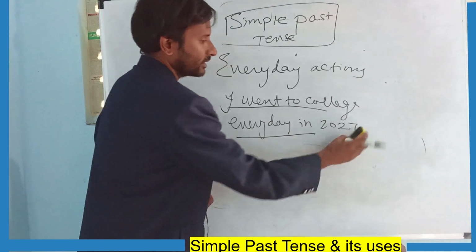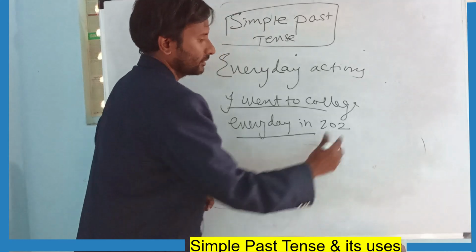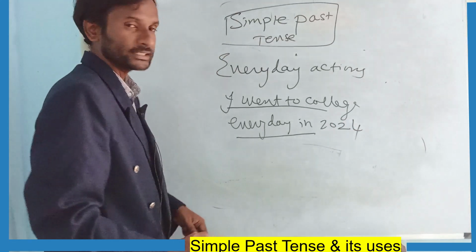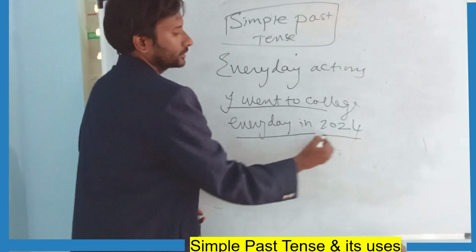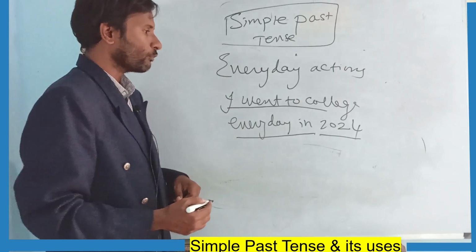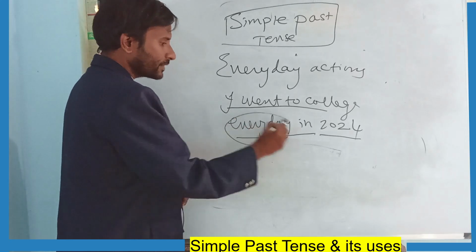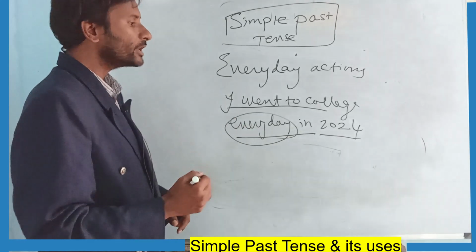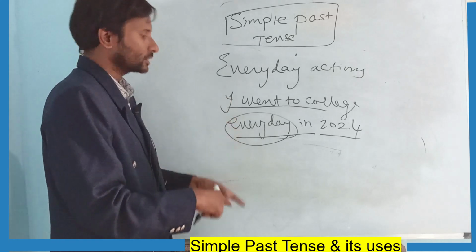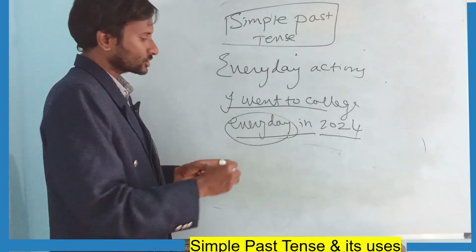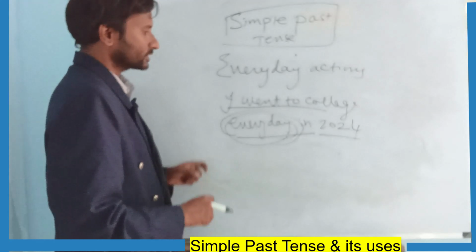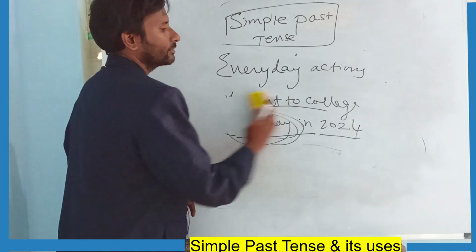If not 2027, you can also mention 2024. But if you are speaking in 2028, you can mention 2027. But 2024 is ideal. I went to college every day in 2024. So it is what? It is an everyday action. It's not a habit, it's not a regular action. It is one normal action that had taken place every day. So that's one example of everyday action.